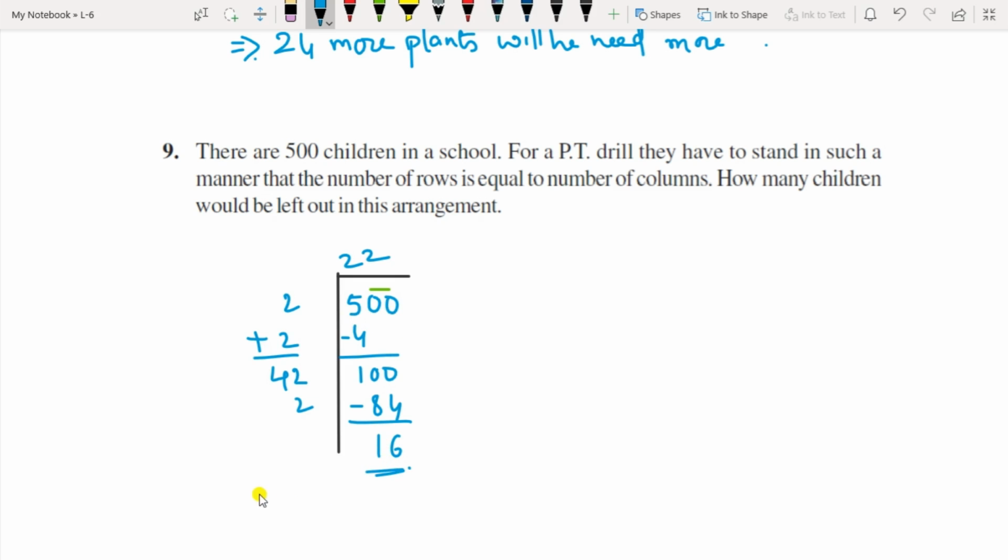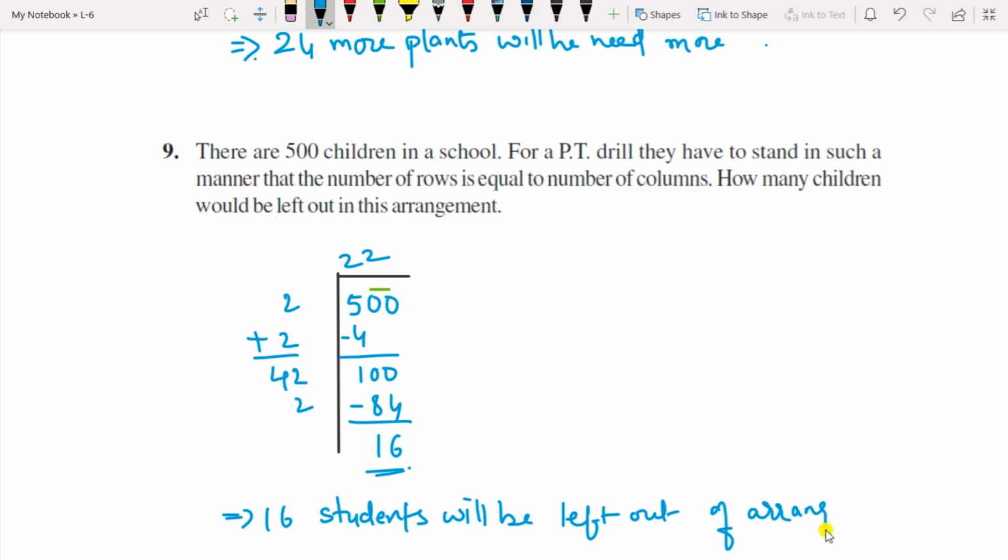So therefore 16 students will be left out of the arrangement. Okay. So this was about question number 9.